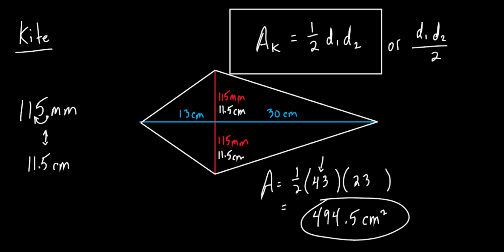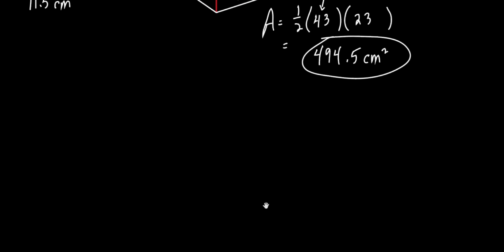Okay. I went way too long on that metric thing. So I got to do a rhombus. We'll do that super quick. And the nice thing about the area of a rhombus, and it's super nice, it's the same. I'll put the word rhombus. Okay? So the area of a rhombus is equal to the same thing as the area of a kite. Isn't that nice?